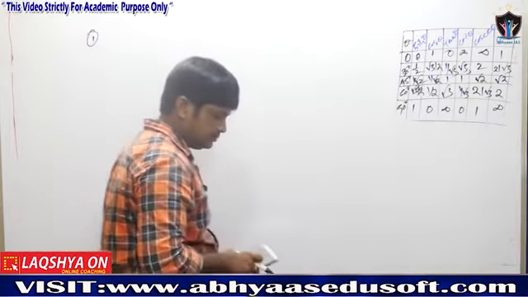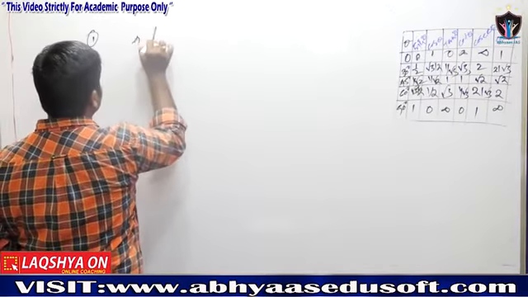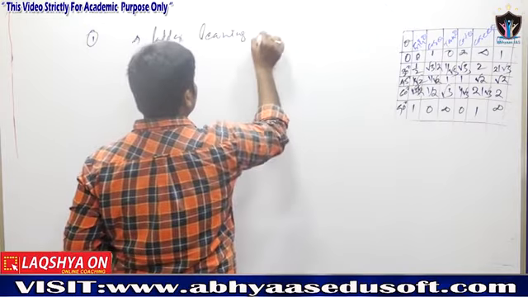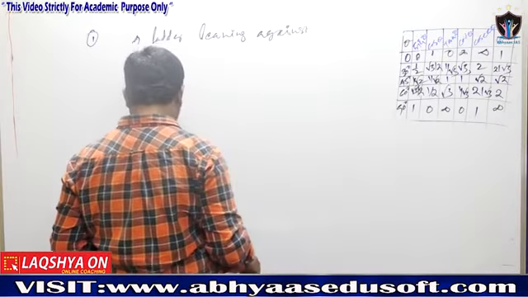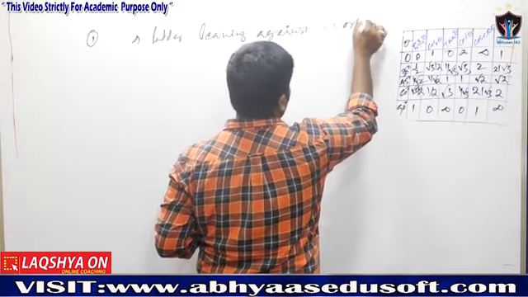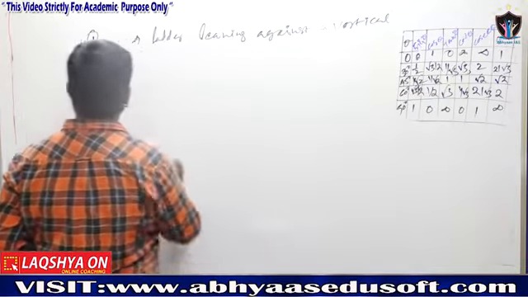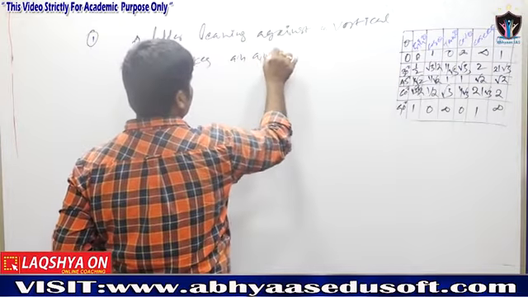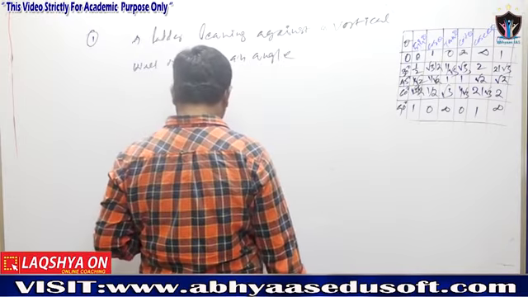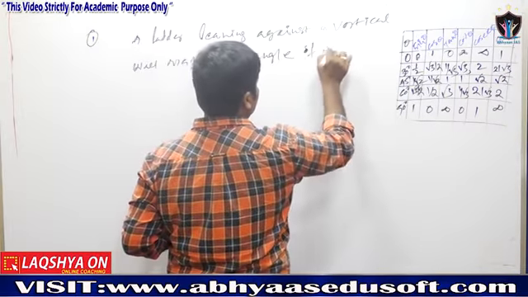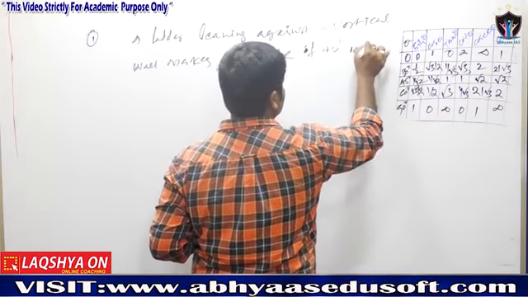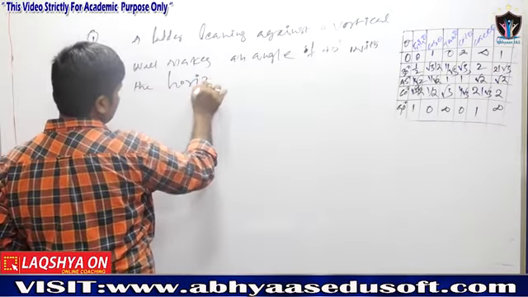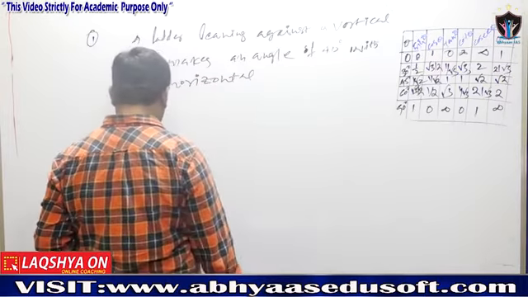Question number 1: a ladder leaning against a vertical wall makes an angle of 45 degrees with the horizontal ground.